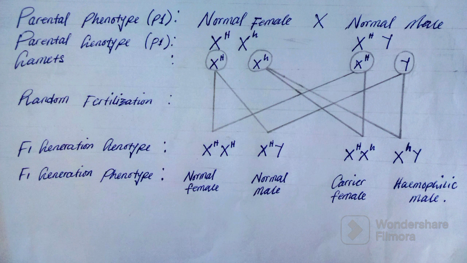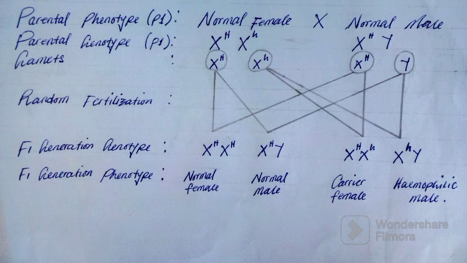After writing the parental phenotype, you proceed to writing the parental genotype. Genotype is the symbolic statement of the genes contained in an organism, so under parental genotype, you use symbols. Next, you write the gametes. Gametes are sex cells.